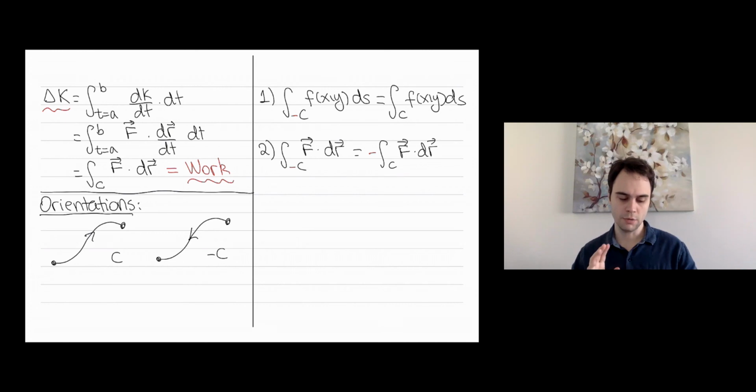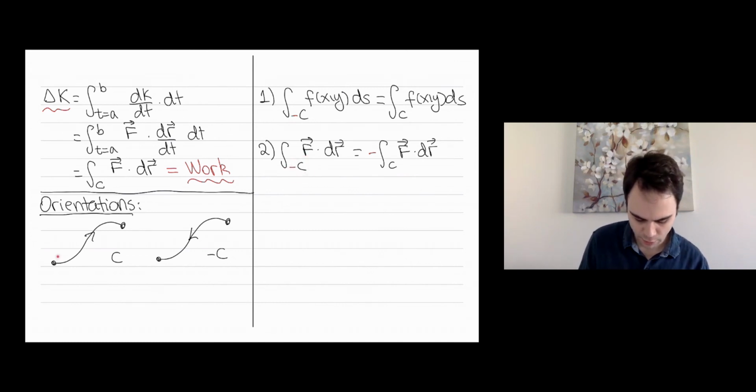But if a force is blocking the particle instead of pushing it from behind, then the kinetic energy will decrease, and the change will be negative. So if the particle goes from here to there or from there to here, and the force stays the same, the effect on the kinetic energy changes by a sign.